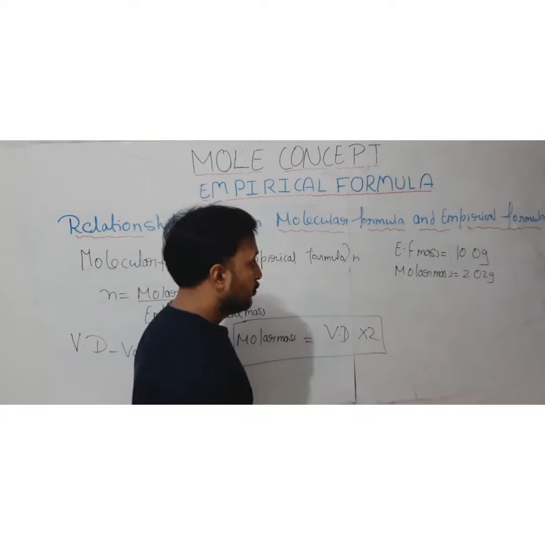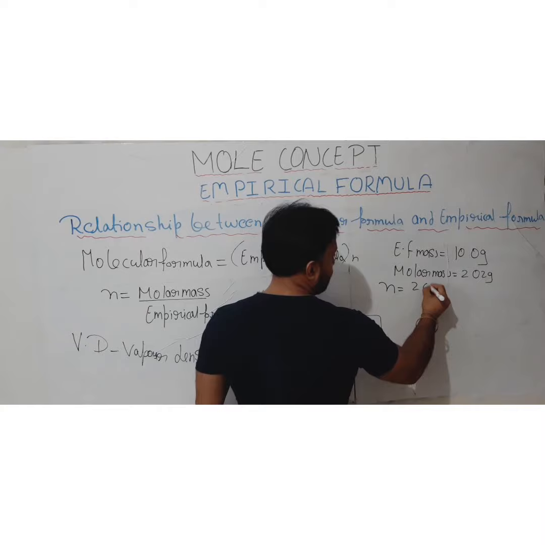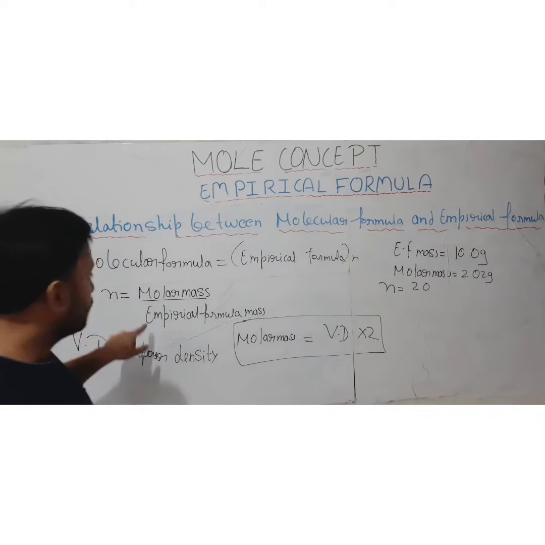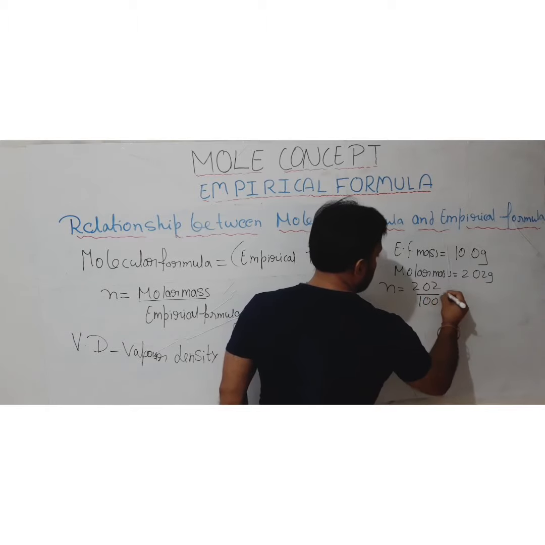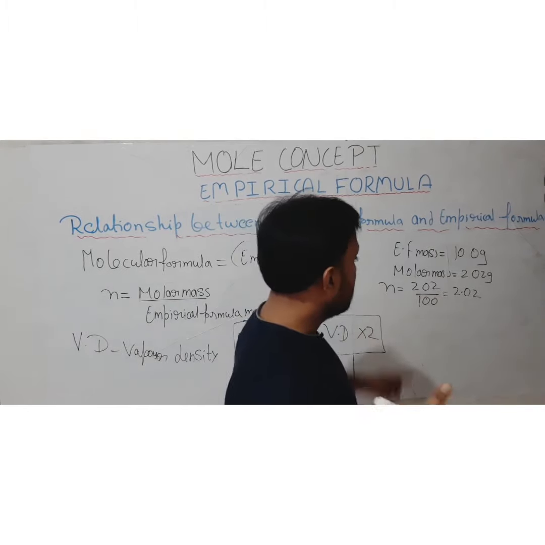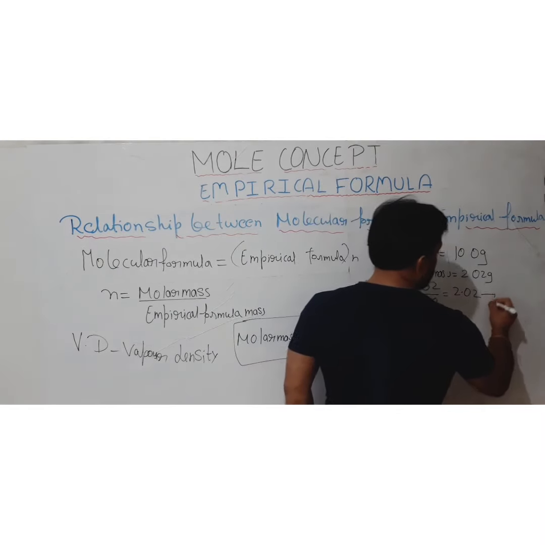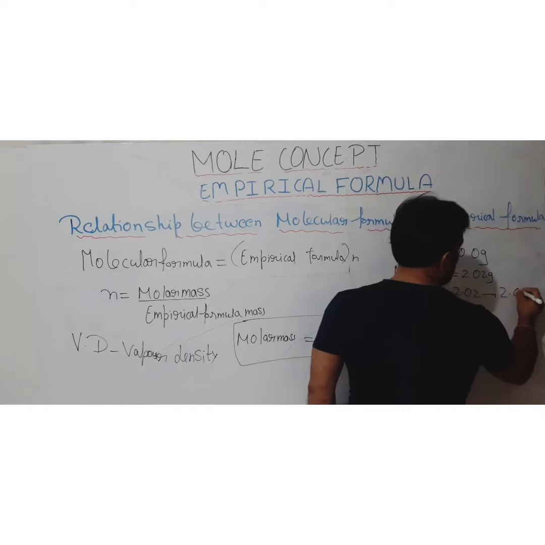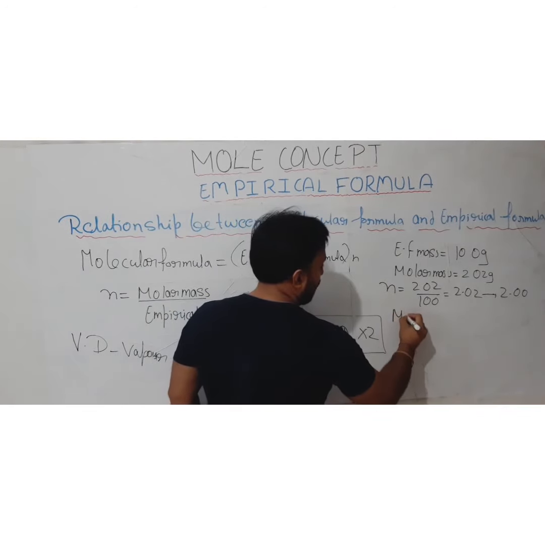What you are going to do is find the value of n by taking the ratio of the molar mass to the empirical formula mass, that is 202 divided by 100. It comes to 2.02, but again it is required to be rounded off. So we round it off to the nearest whole number, so it comes to 2.00, that is 2.